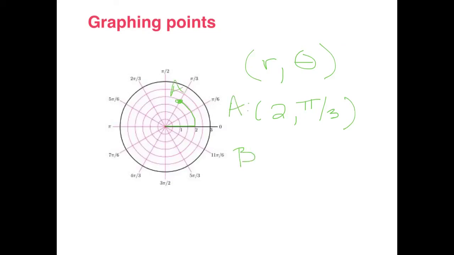Maybe I'll say B is something like 1.5, 7 pi over 6. So I'd go out to the 1.5 radius, and then I would work my way around following that circle until I got to 7 pi over 6. So point B would be there.